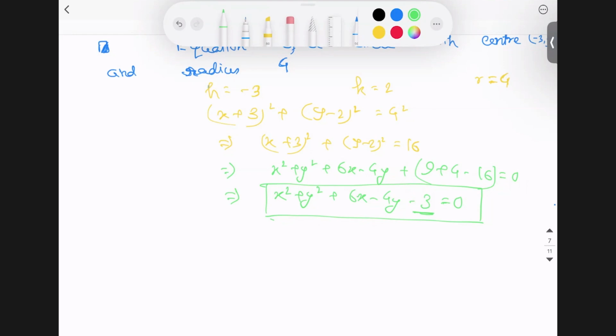If I apply the formula, we can obtain the value of r using the constant, and from here you can also find the radius of the circle.